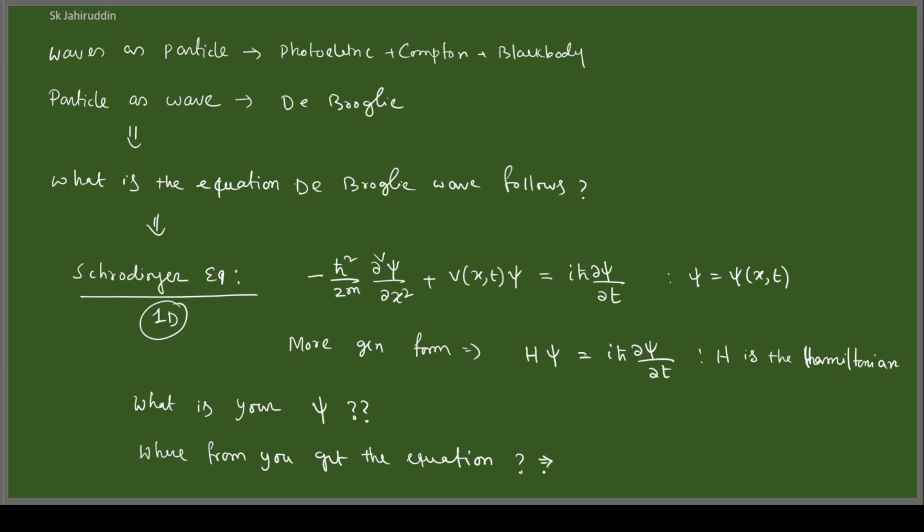The answer is, it is a postulate, just like Newton's law of gravity or Coulomb's law. We don't know how to derive them. We take them as fundamental postulates. So it is a law of nature.